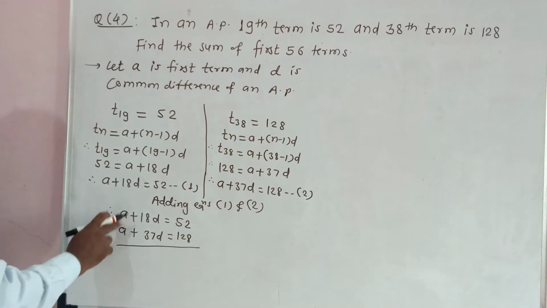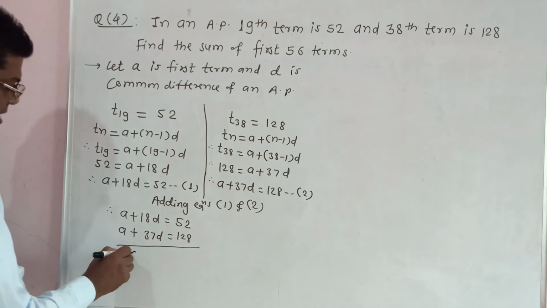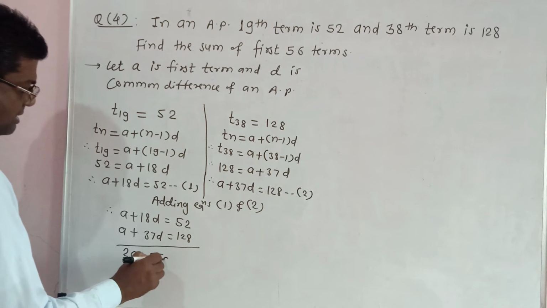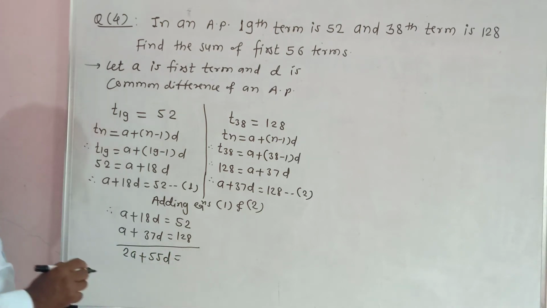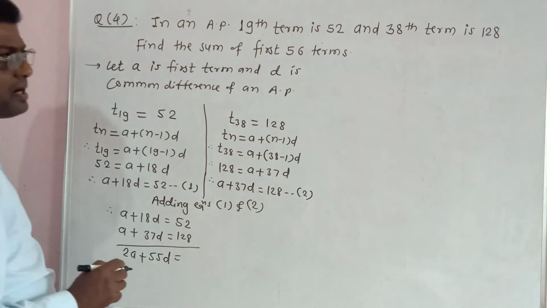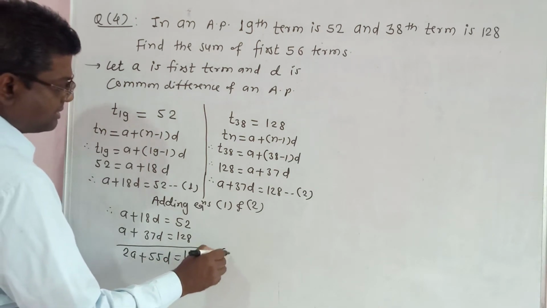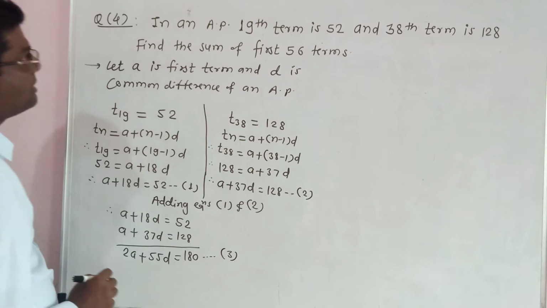Now A plus A will be 2A, and 18 plus 37 is 55D, is equal to 52 plus 128, it will be 180. Let this be equation number 3.